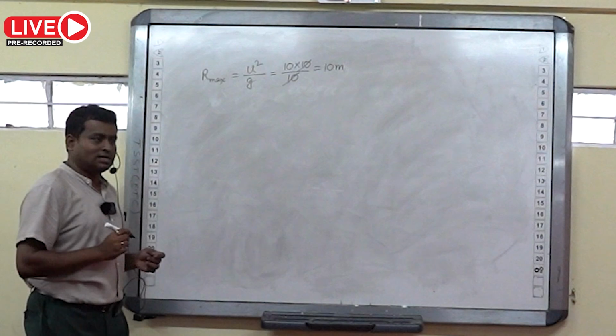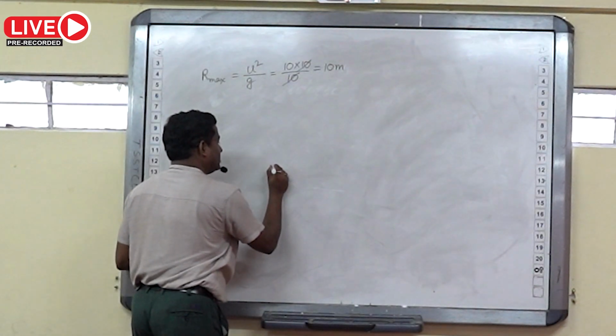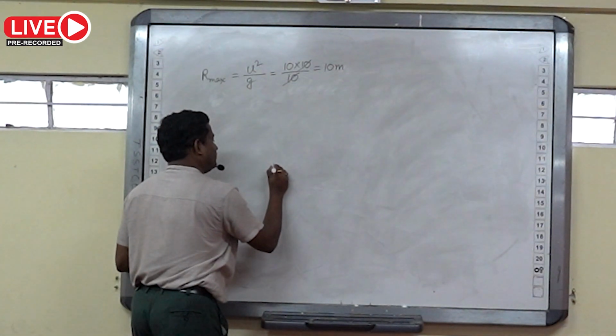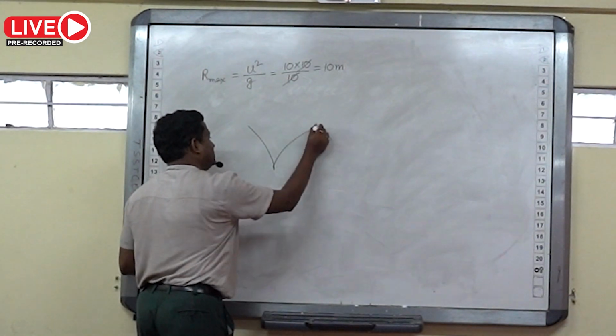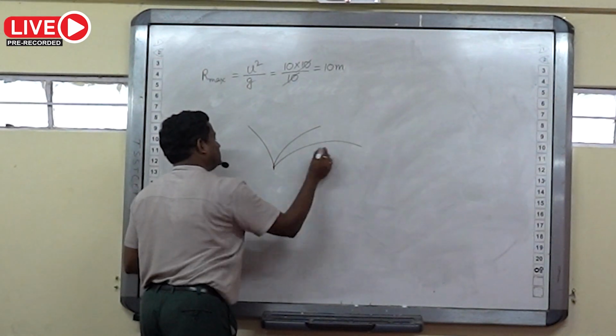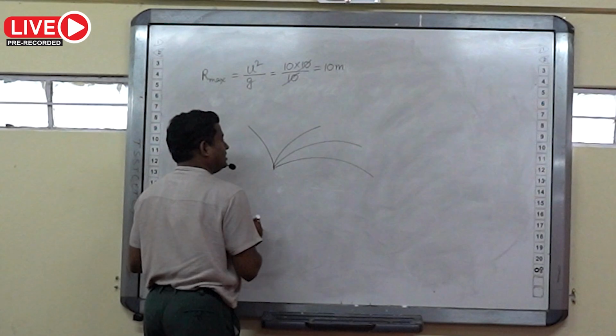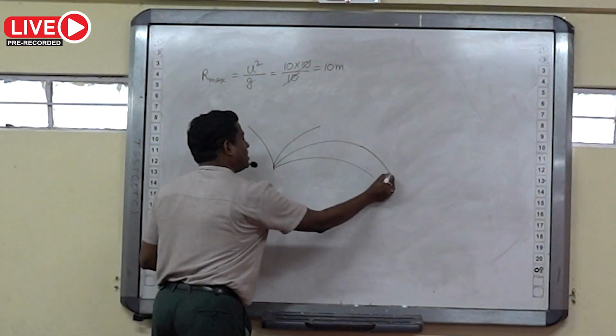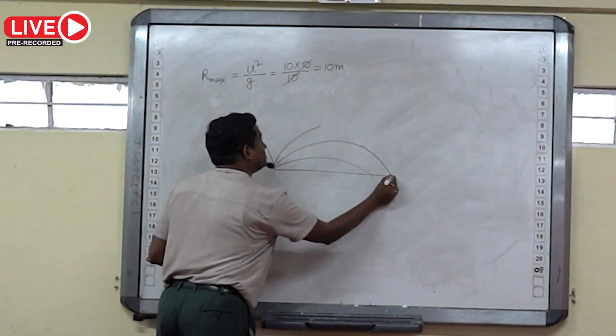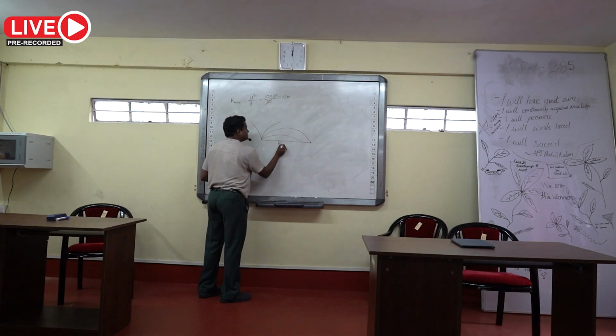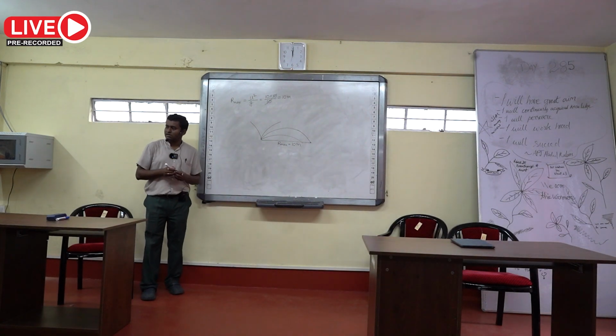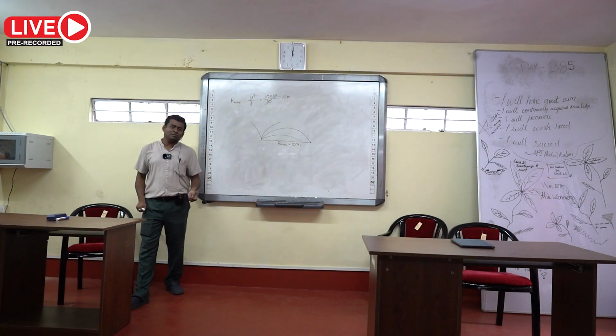Now see the situation. From this sprinkler, water will move in this direction, in this direction, in this direction, in this direction. So the maximum up to which it can reach, R max, that is at 45 degrees, its value is 10 meter. So how much maximum area can it wet?